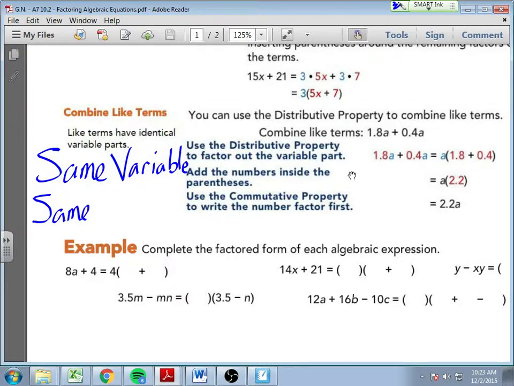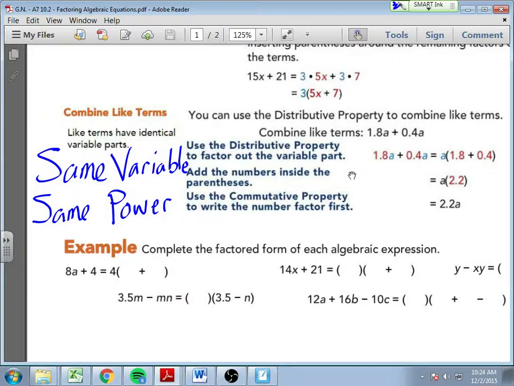Same exponent or power. Same variable. Actually, since power is easier to remember, same variable, same power. Now, a lack of a variable, having no variable, is the same thing as having a shared common variable. So, no variable is really like the variable of 1, or like the multiplication by 1.